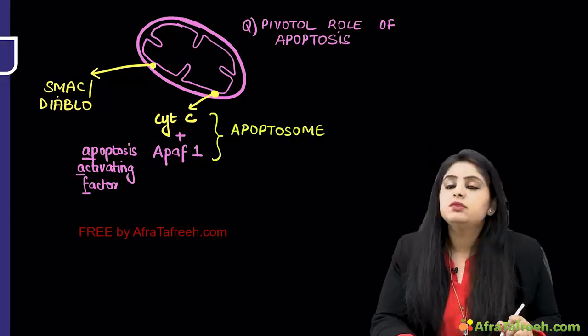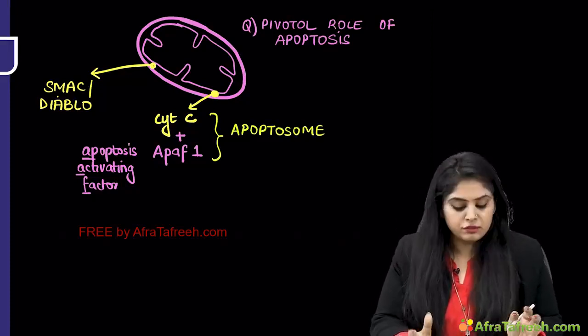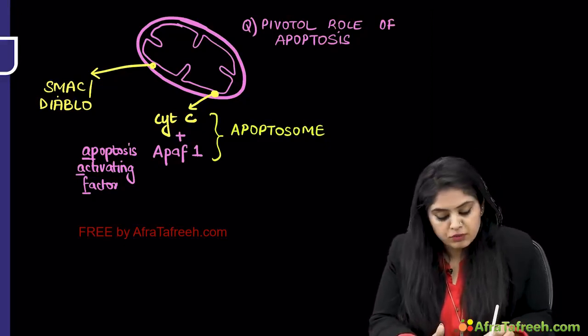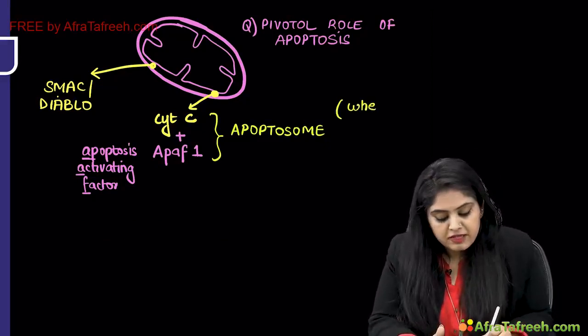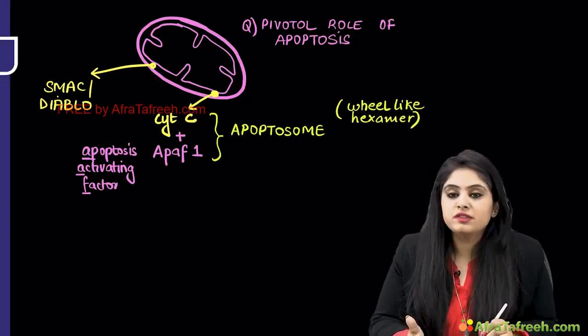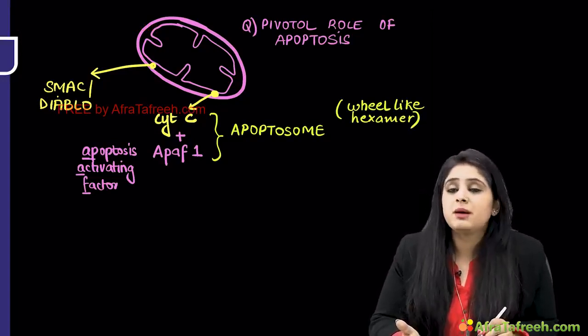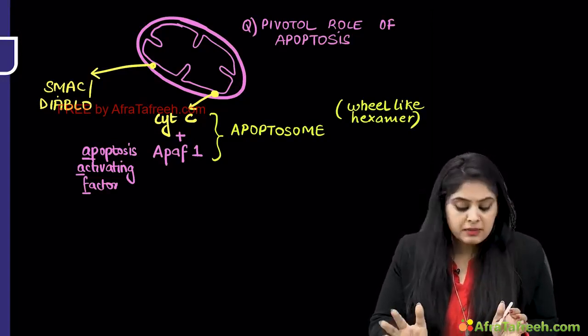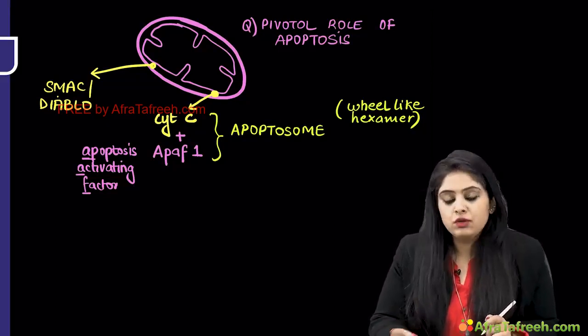Many books describe the structure of apoptosome as a wheel-like hexamer. Some books call it a hexamer, some a heptamer. I don't want you to get into that controversy because such factual questions are becoming very rare nowadays.